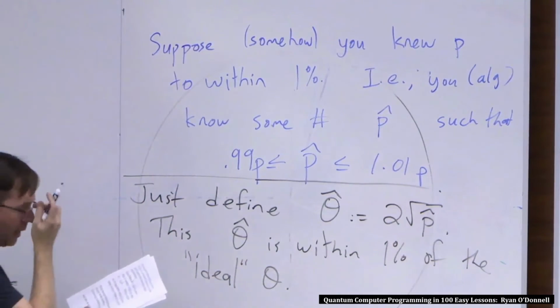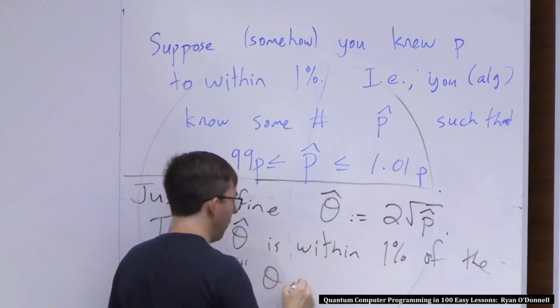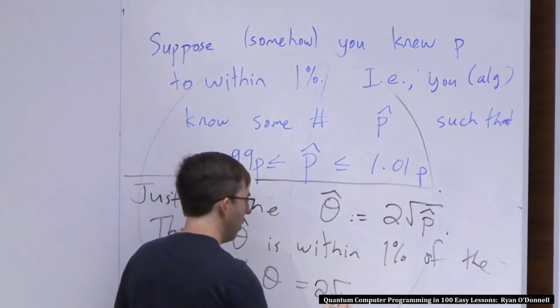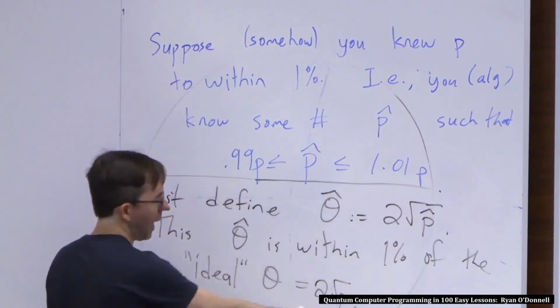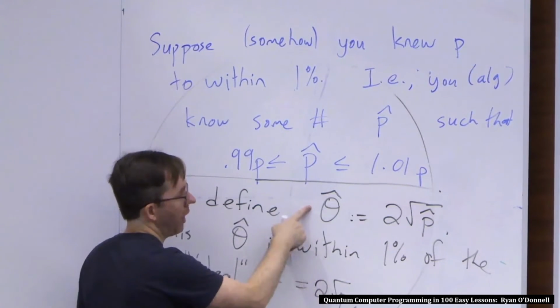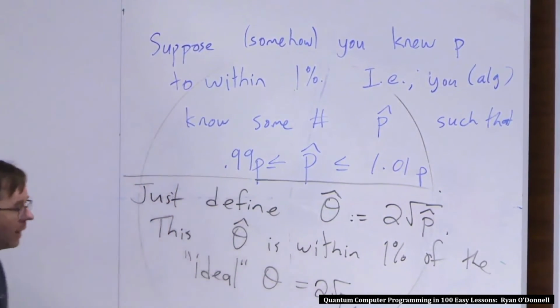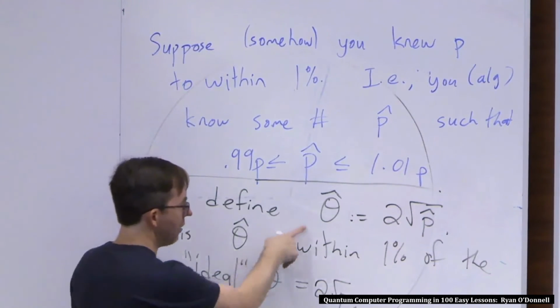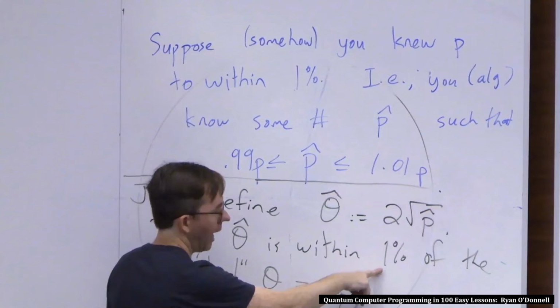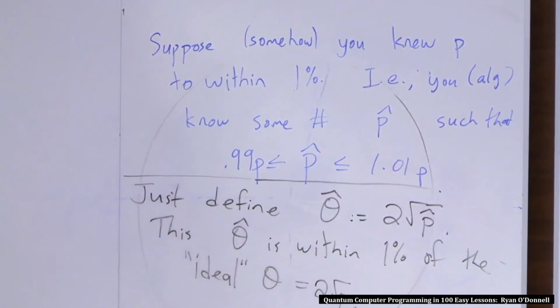The ideal theta is 2 root p. You don't know p, but you know p hat, which is pretty close to p. So theta hat is pretty close to theta. Actually, if you don't skip steps and you spend like 5 minutes checking things, you find it's even better. Theta hat is probably within 0.5% of theta. But whatever, let's not try to save that.